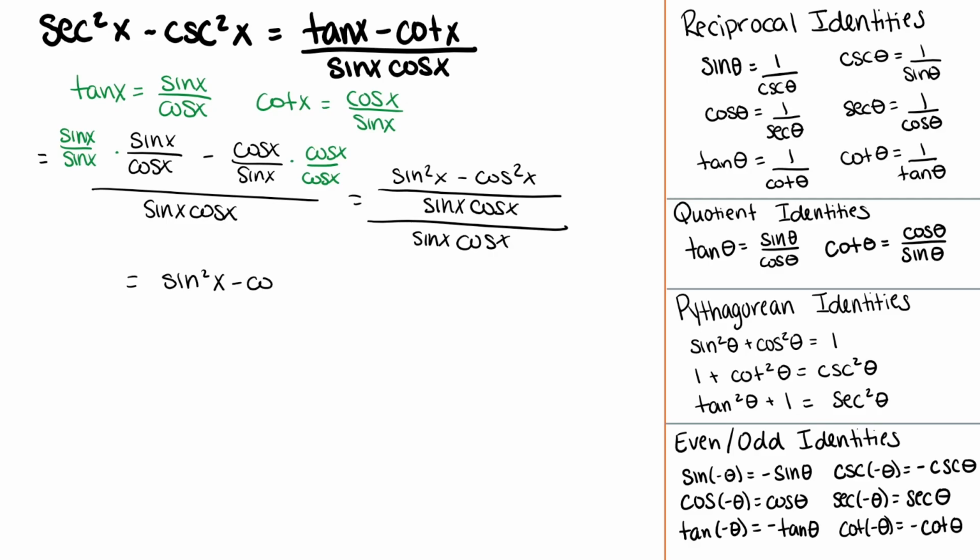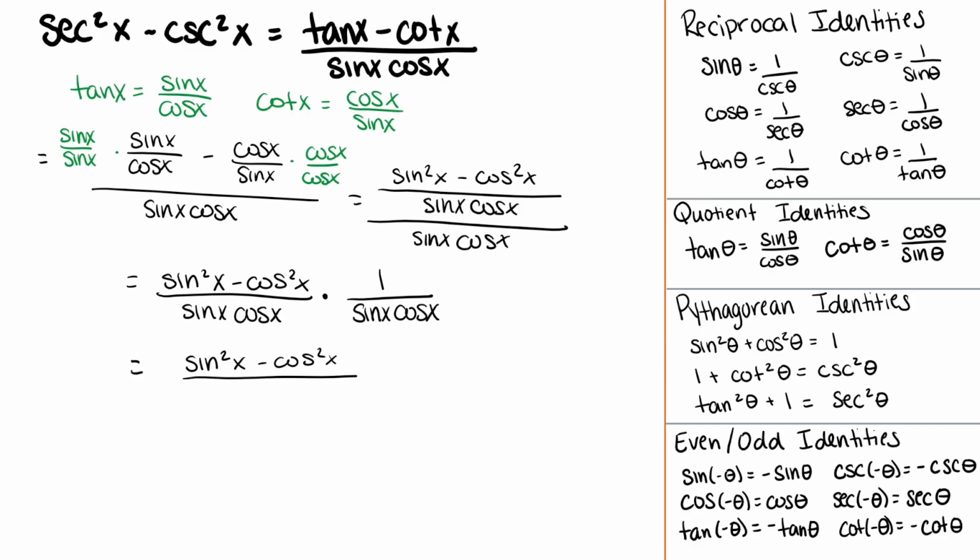So we'll have our numerator times, we'll flip our denominator, 1 over sine x cosine x. So if we combine our denominators, we'll get on our numerator sine squared x minus cosine squared x all over sine squared x times cosine squared x.